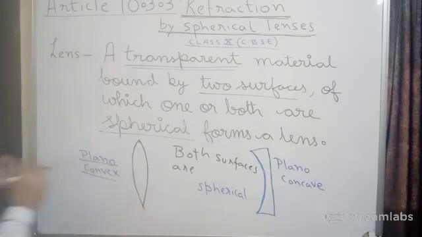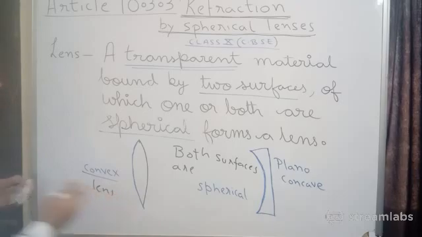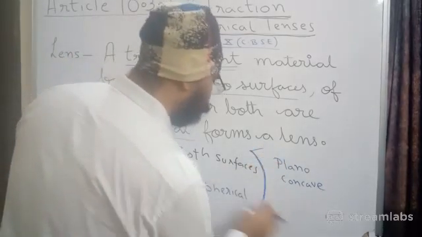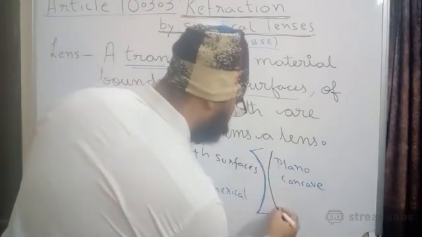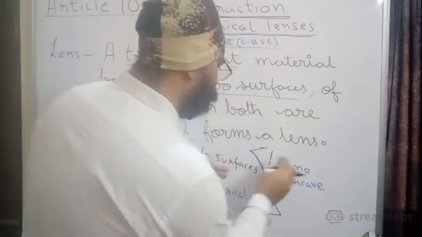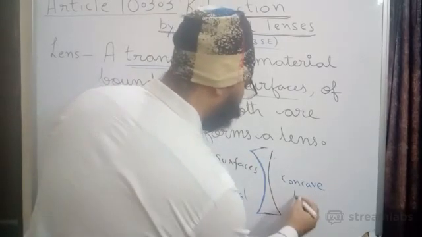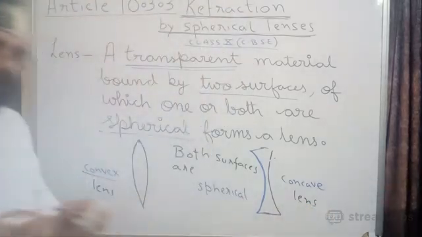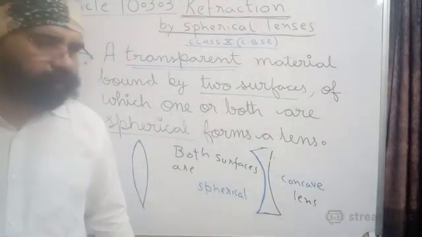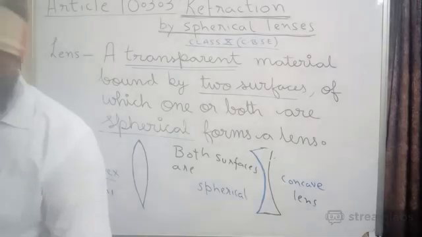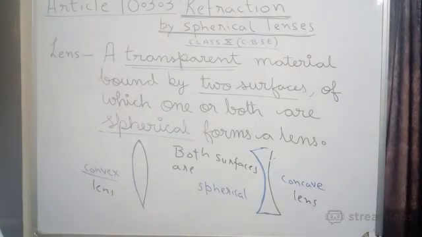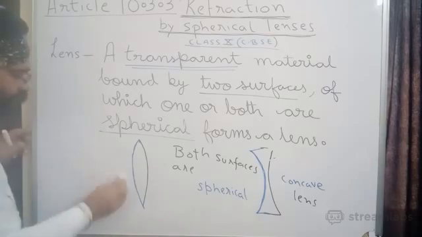So now this is a convex lens, and if both are caving in, then now it becomes a concave lens. Everybody, no issue in it? All of you have understood how to identify? Give me a yes quickly.